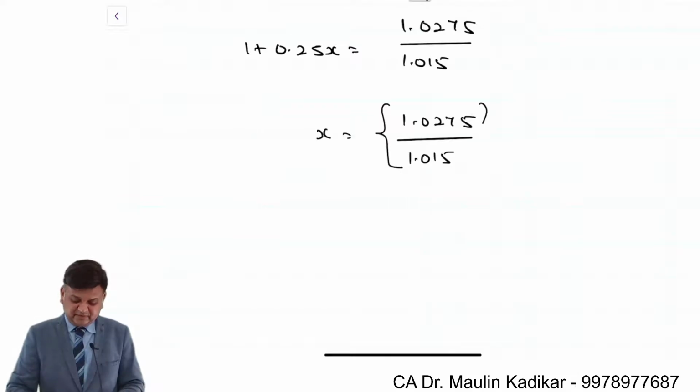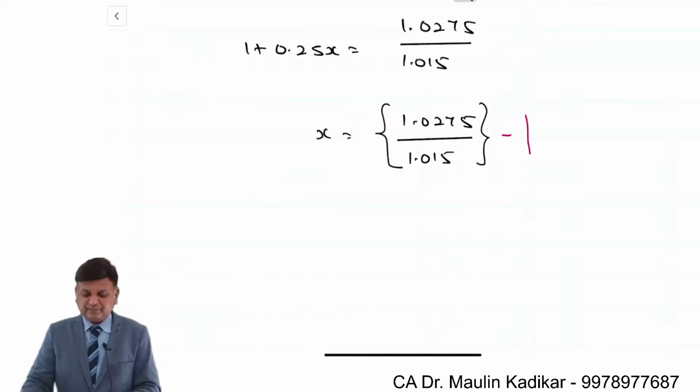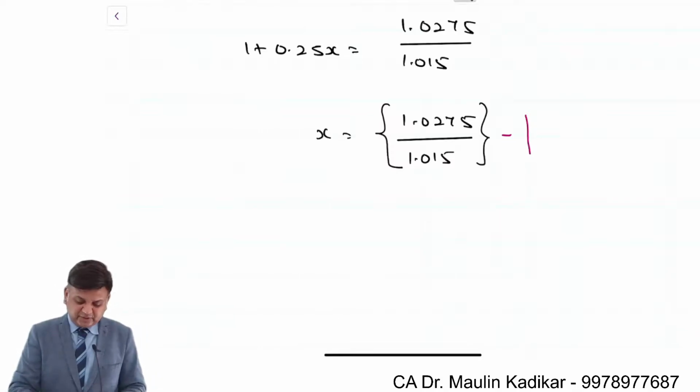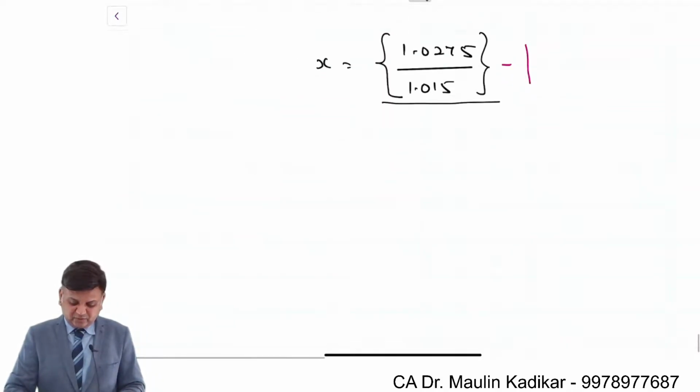Whatever the answer that we have, from that 1 is subtracted. Then into 0.25, so that goes in the division, so divided by 0.25.